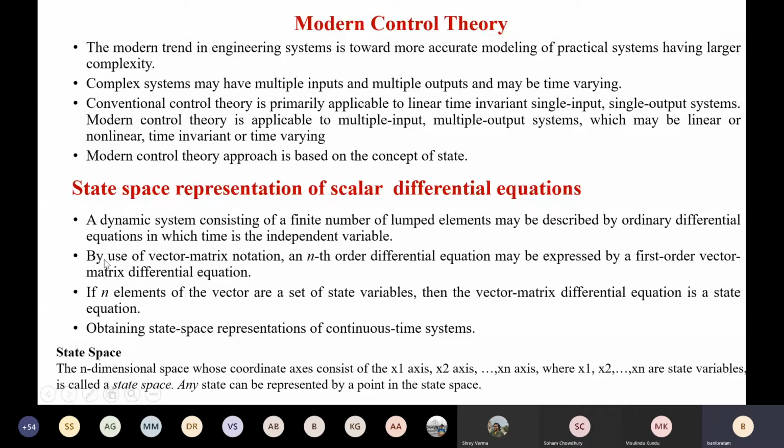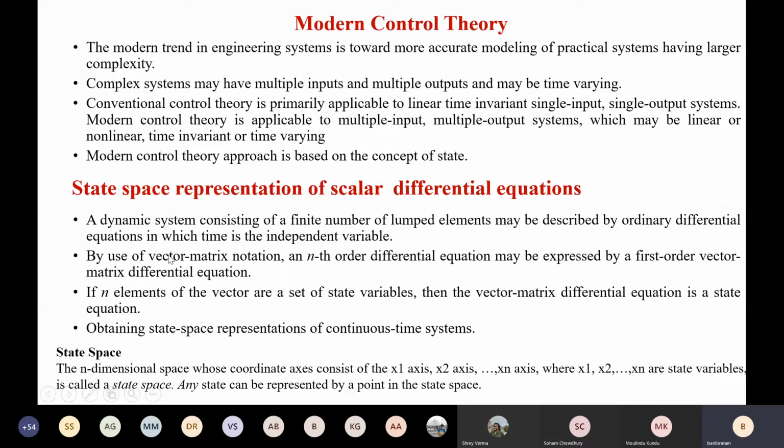Now another concept: by use of vector matrix notation, an nth order differential equation may be expressed by a first order vector matrix differential equation. That means if I have an nth order differential equation, I can write it in terms of n first order equations, using this vector matrix notation.